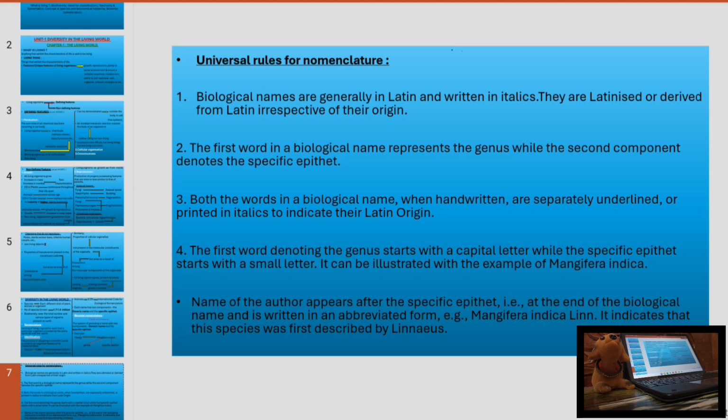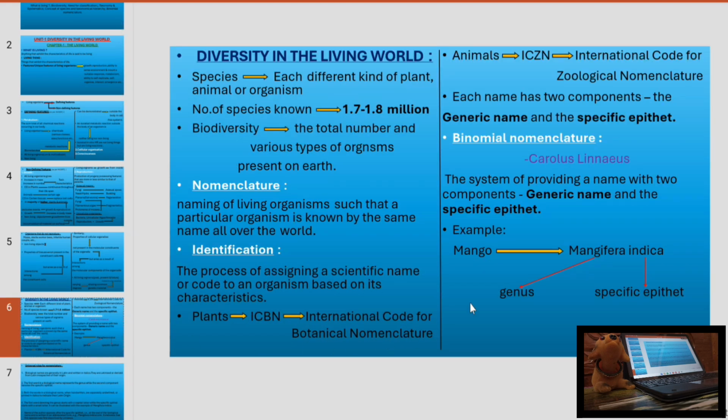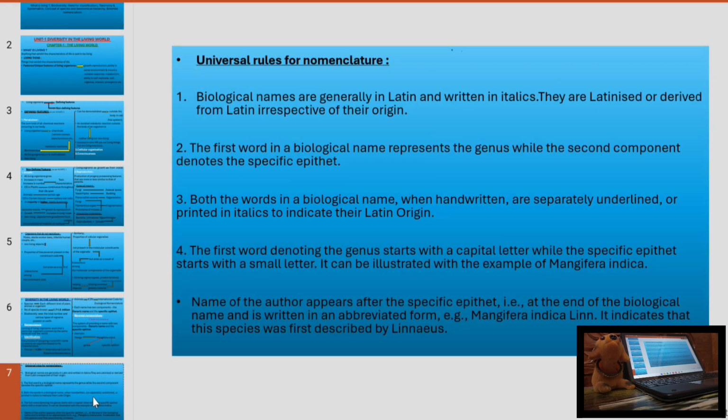Despite their origin, they are Latinized or derived from Latin. The first word in a biological name represents the genus, as you see in Mangifera indica, where Mangifera gives the genus and indica gives the specific epithet. And the second component denotes the specific epithet, as indica shows the specific epithet.